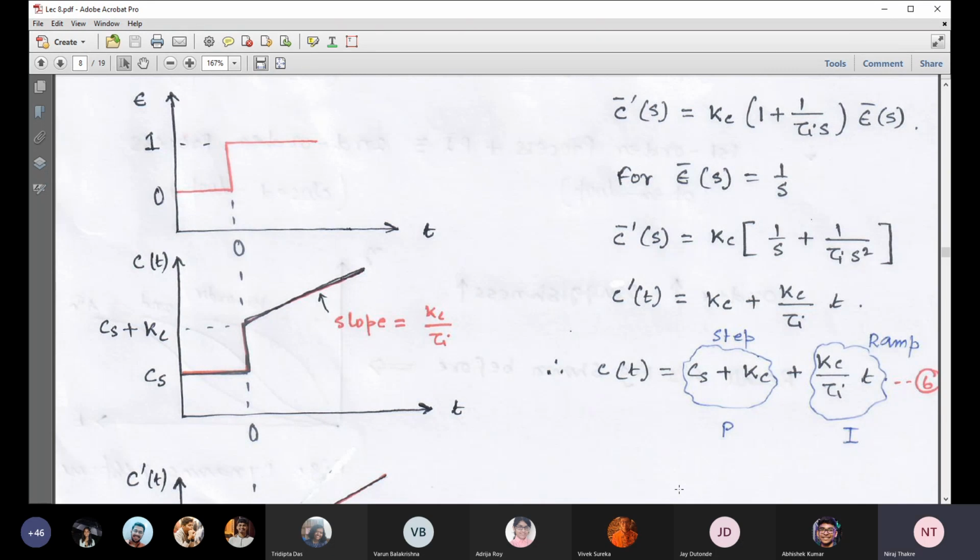In the first plot, a unit step change is introduced in error signal. And in the middle plot, C versus time t. And in the third plot, C prime versus time t.